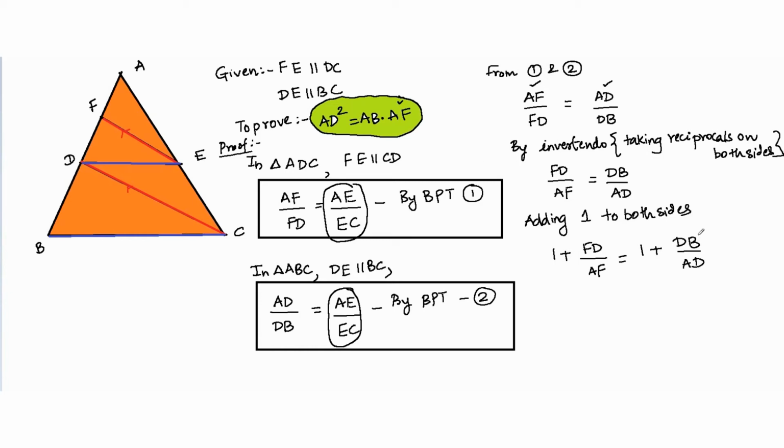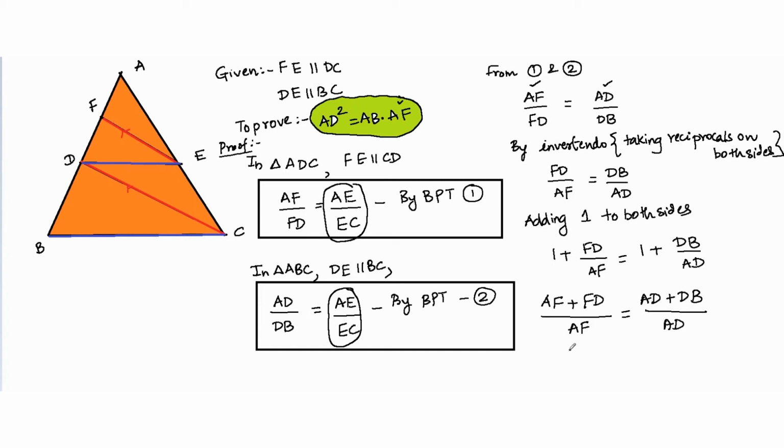Similarly, on the right hand side also, I don't want DB in my final equation. But when I add 1, I will get AD plus DB, which is equal to AB, right? And that is why I'm adding 1 to both sides. So after taking the LCM, I will now get (AF plus FD) upon AF is equal to (AD plus DB) upon AD.